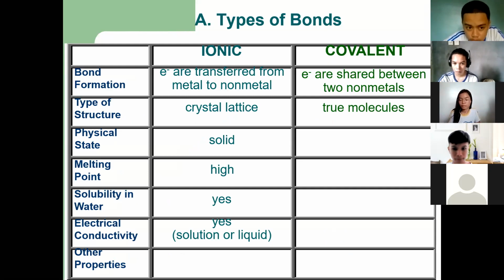In the near future, this covalent bond will be drawn in a structural formula. These are the 3 formulas for a covalent bond: molecular formula, empirical formula, and structural formula. The structural formula signifies the true molecules of the covalent bond. Ionic bond has a physical state of solid, while covalent bond could be either liquid or gas. Melting point for ionic is high, melting point for a covalent bond is low.